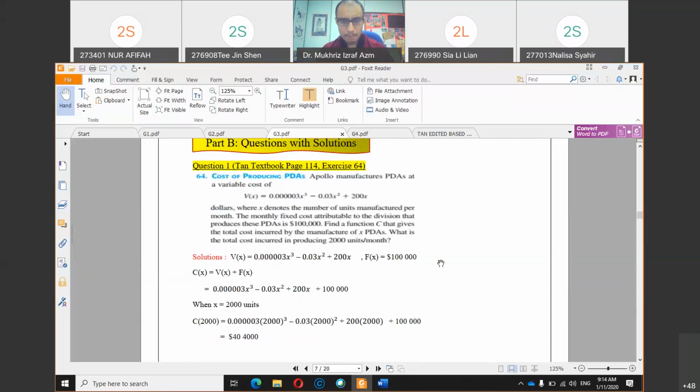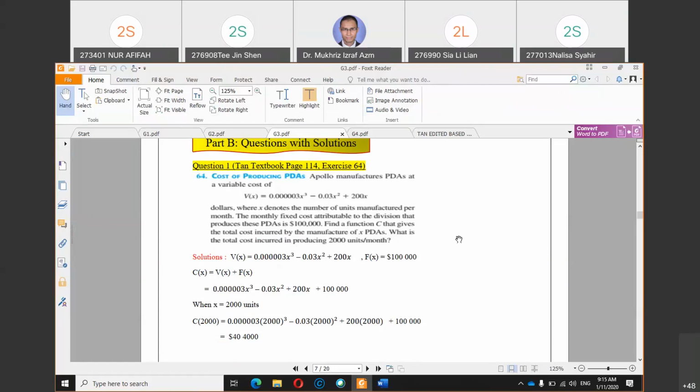Here we can see that they are given a variable cost function, which is stated there, and the fixed cost, which is 100,000. To find the cost of producing function, we just add the variable cost function and the fixed cost. So we obtain the cost function, which is stated there.